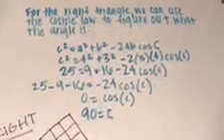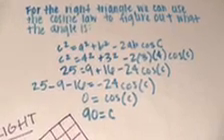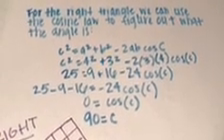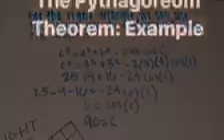Although the cosine law works for the non-right triangle, only the Pythagorean theorem works for right triangles.